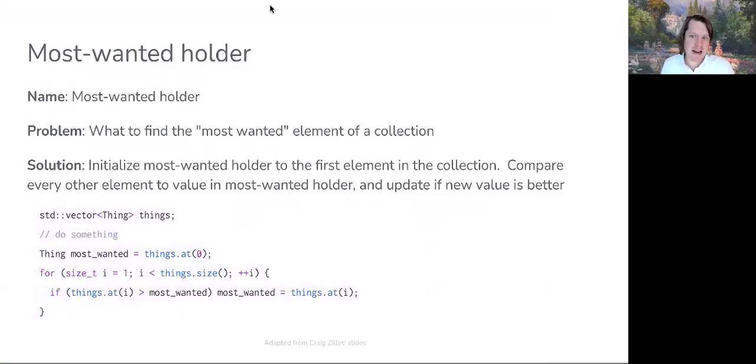The problem that it's looking to solve is what we need to do to find the most wanted element of a collection. And most wanted can be defined however you'd like. It could be the largest element in the collection. It could be the one where a particular attribute has some specific value that maybe is a maximum within that collection.